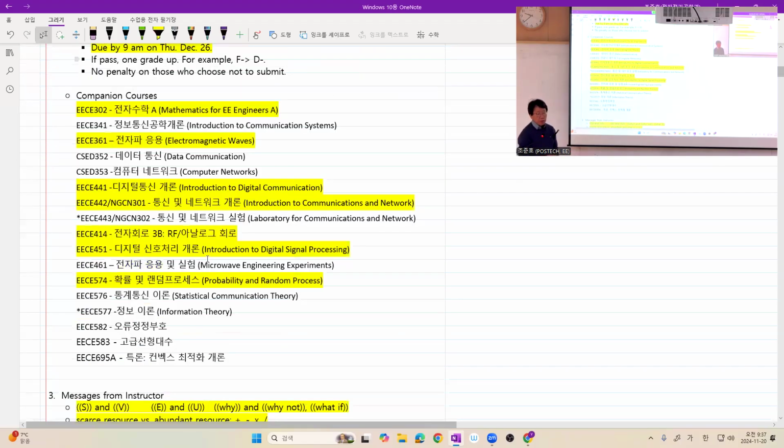Here go the companion courses, which are related to communications and networks. If you haven't taken Mathematics for EE Engineers A, I strongly recommend it, because as you will see from today, the undergraduate level foundations for communications networking are one, signals and systems, and the other, probability and random processes.